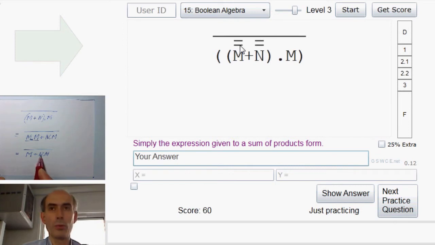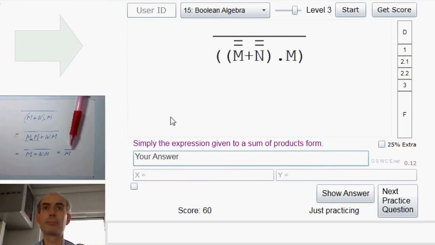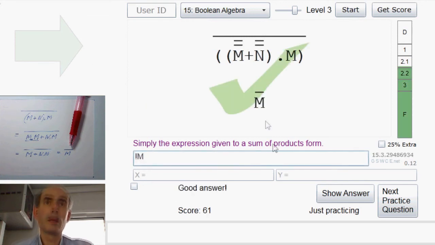It doesn't matter what n is, n and 0 is going to be 0. So if m is 1, this would just be equal to 1. If m is 0, this is equal to 0. So that's just not m. N is irrelevant.